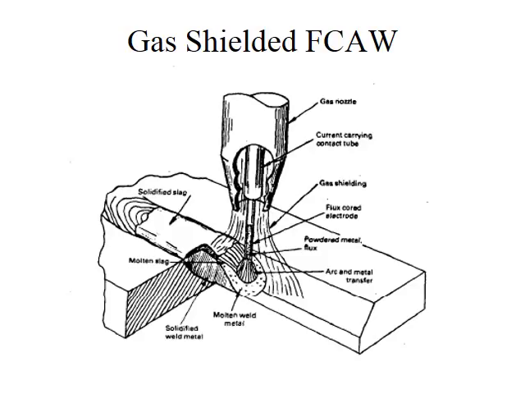This sketch is from a military manual, but it shows the gas shielded flux core arc welding process. You can see the difference here is there's an additional component, which is the gas nozzle. The gas nozzle helps bring gas shielding to the weld pool, and it keeps the oxygen and nitrogen out of the weld pool.